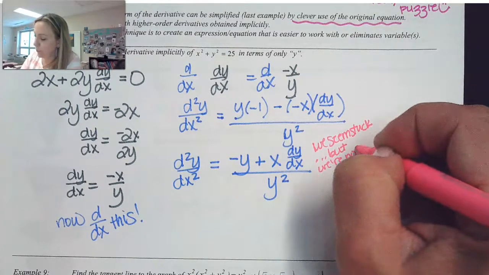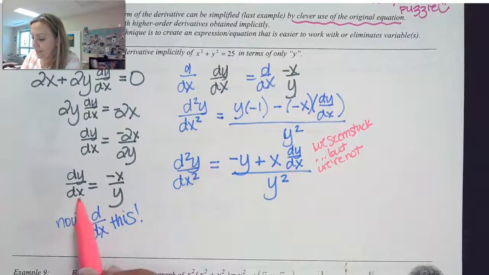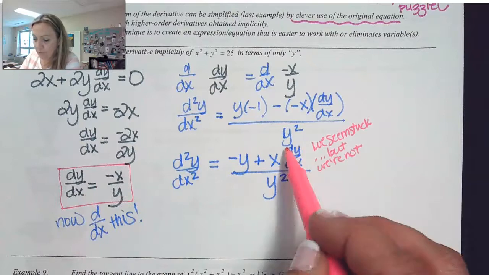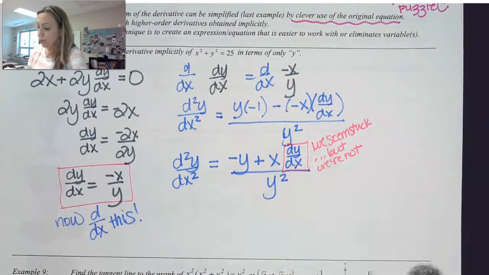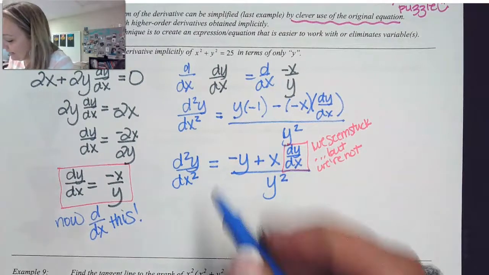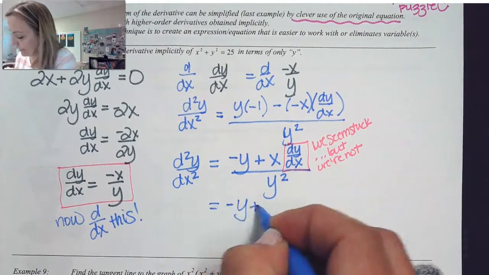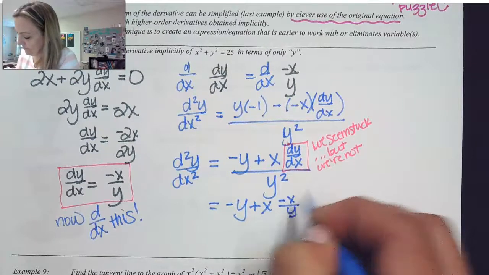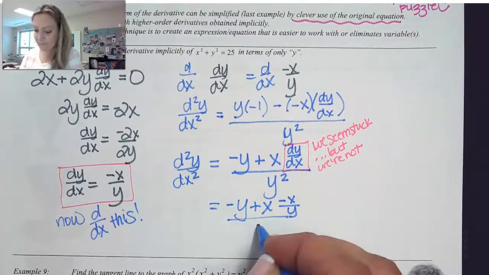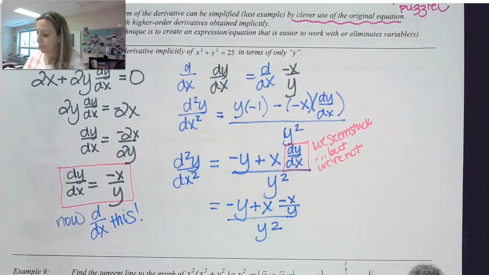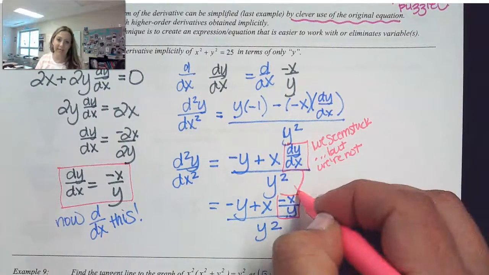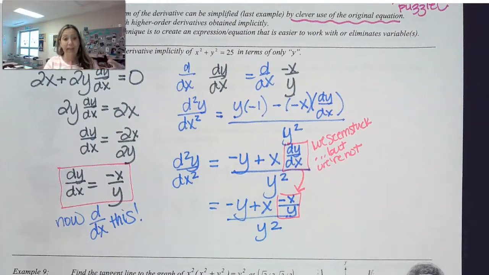Because don't we know that this dy dx is really -x over y? So we can replace that dy dx with -x over y and simplify from there. Essentially we are replacing the dy dx with what we got for our first derivative, which was -x over y.